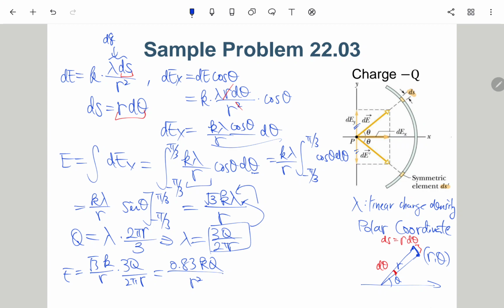So actually we just merge this square root of 3 and 2 pi together as this 0.83. So the remaining thing becomes KQ over R square. So this is the final answer to this question.